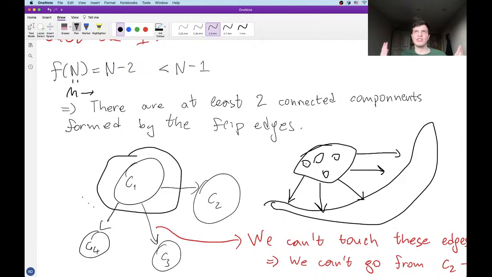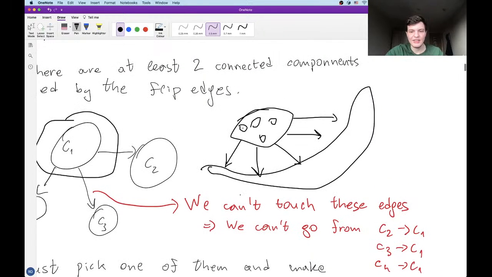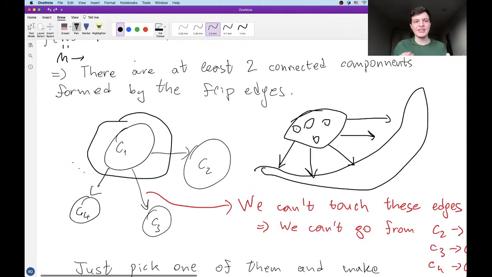That's because we have a tournament graph, so we have to choose the directions of every edge here. And the main observation is that we can't really touch those edges, because they are not from the ones that we actually flipped. Again, remember what graph we actually created now. It's just a graph which contains only the edges that were flipped.